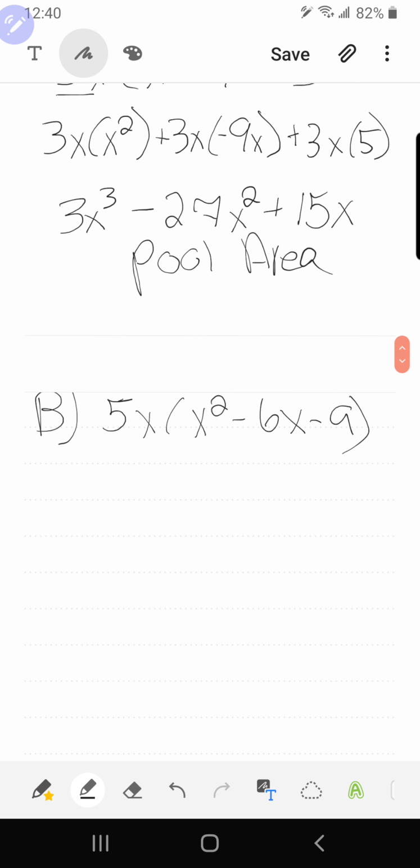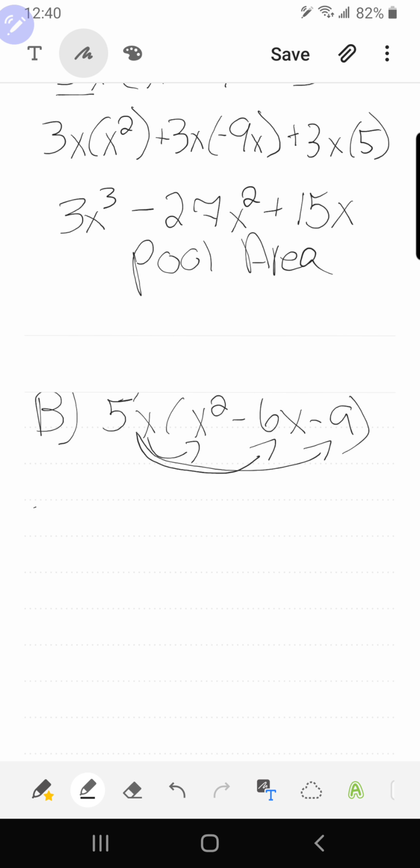Now just to be on the safe side, I said this is a monomial, my 5x, which is multiplied by my trinomial, which is 3 terms, x squared minus 6x minus 9. Now I'm going to distribute my 5x to x squared, 5x to negative 6x, and then 5x to negative 9.